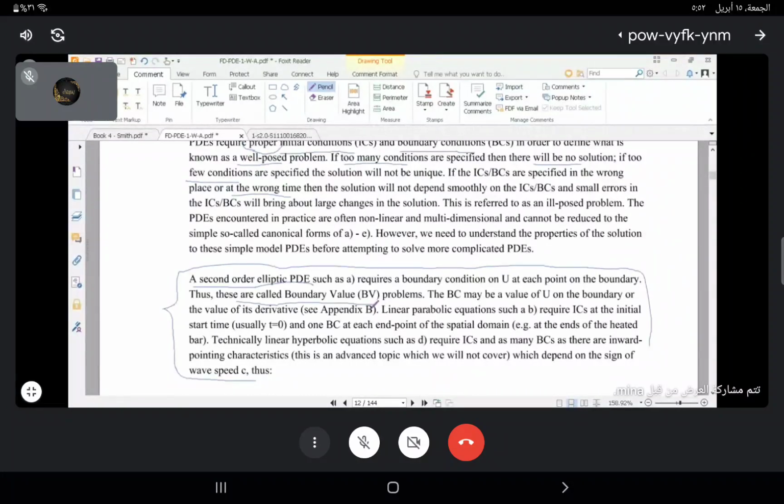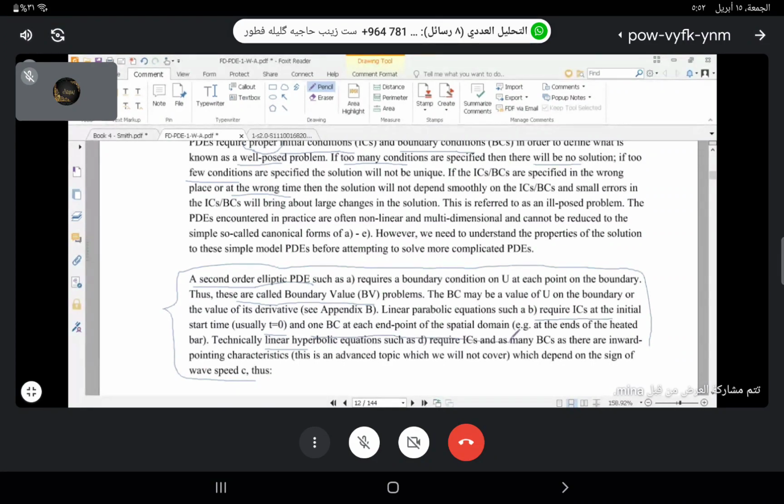A linear parabolic equation requires an initial condition at the initial start time, meaning t equals 0, and one boundary condition at each endpoint of the spatial domain.